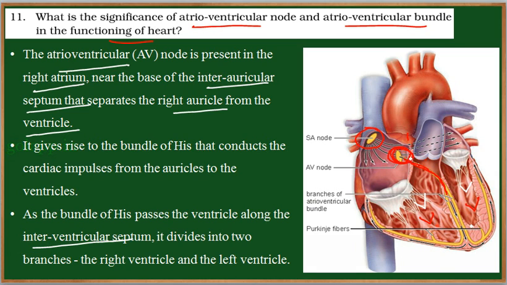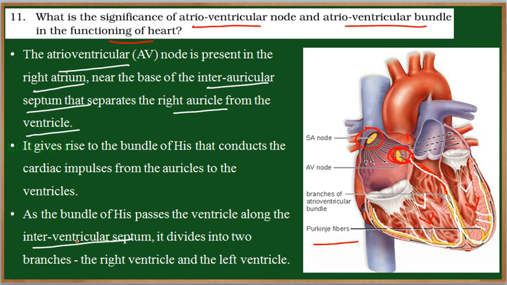The bundle of His passes through the interventricular septum, and its branches divide into two. One branch covers the left ventricle, the other covers the right ventricle, and further from these branches many networks arise, and these networks are called Purkinje fibers.